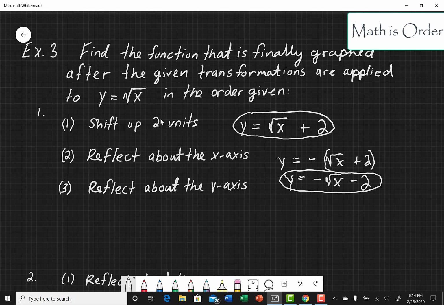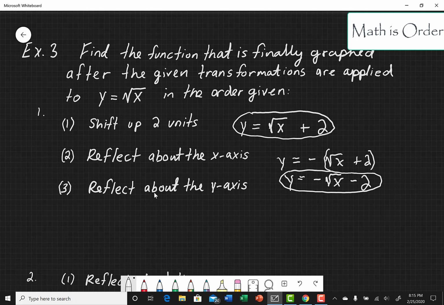We started with this original equation, and when we shift up 2 units, this is how that equation changed. It became this, and now we reflect that function about the x-axis, and it then becomes this form.